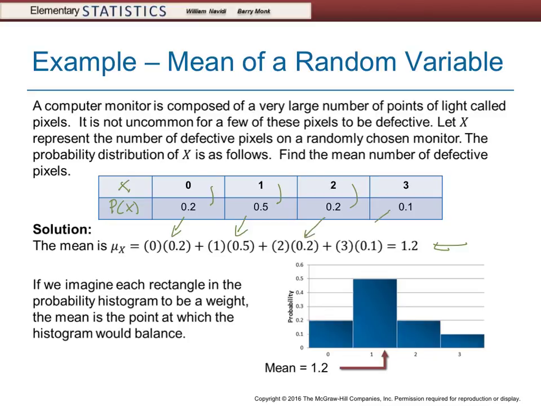And finally, we multiply these two terms, 3 times 0.1, and we get that term. We add them together, and we get the mean value of 1.2 pixels. So now, if we created a probability histogram, we can see that the center is about right here of our distribution.